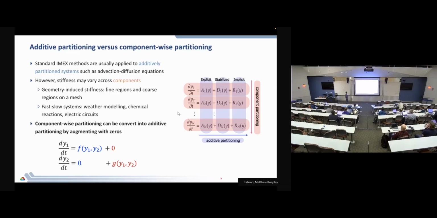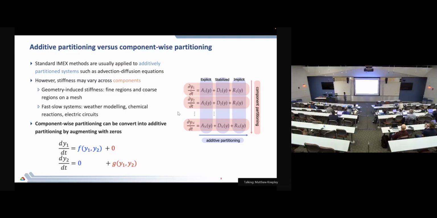For example, in weather models, the ocean dynamics is usually relatively slow, while the atmosphere dynamics is considered fast. And in chemical reaction systems, the different species may react at different rates. Similar examples come from the modeling of electric circuits and power systems as well.